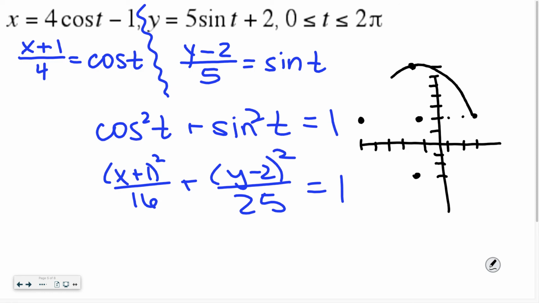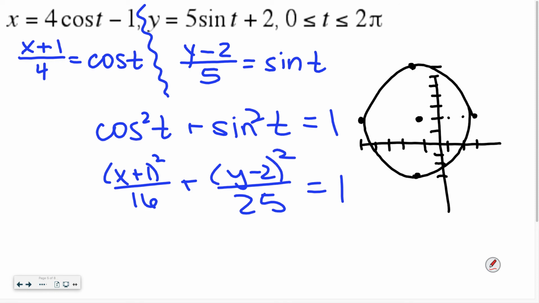Now we have a 50-50 shot of guessing the orientation correctly, but I would suggest doing this strategically. If we plug in t as 0, what coordinate would we be at? 3, 2.